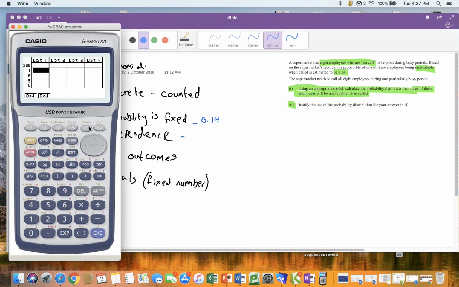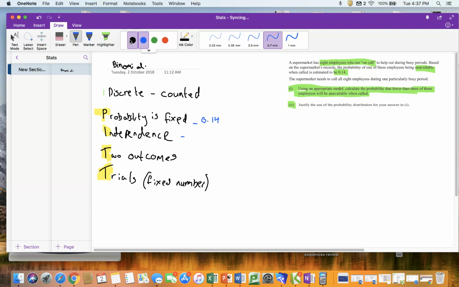BPD is for when I want to work out an exact value. BPD is a binomial point distribution.